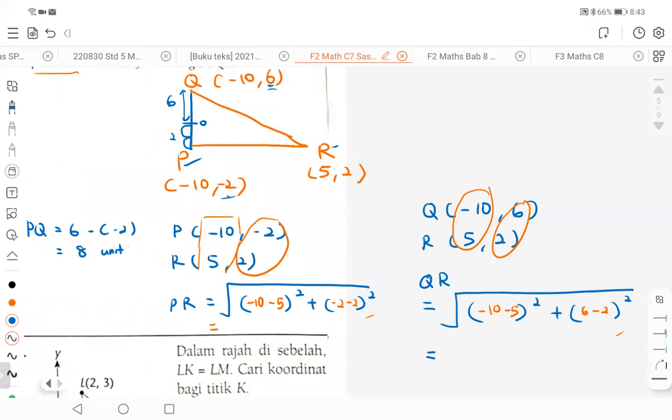If you get the answer in decimal, it's normal one. Not to worry. You just take 2 decimal place. If you get decimal, it's okay. It's normal one.